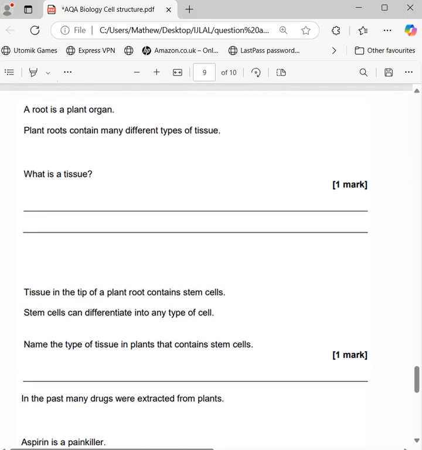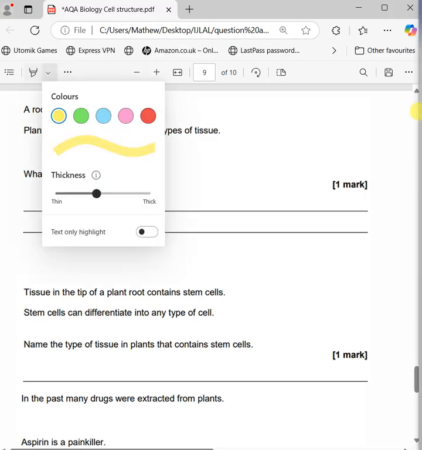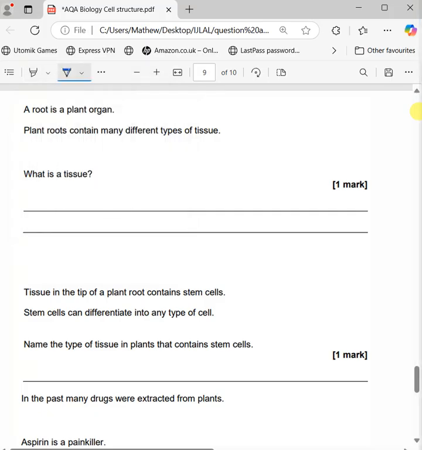So let's see the next question. They say a root is a plant organ. Now, plant roots contain many types of tissue. What is a tissue? A tissue is a group of similar cells that carry out specific functions. You must define it like that.